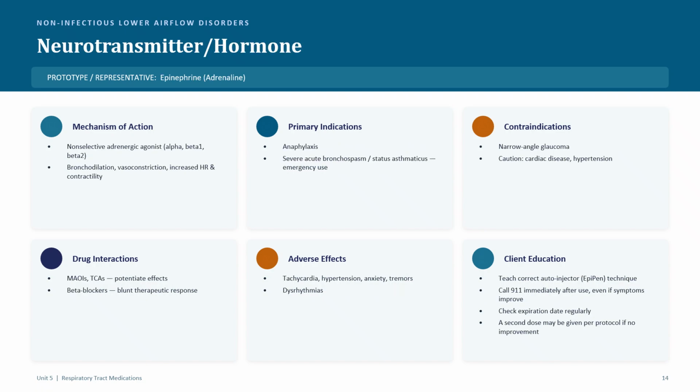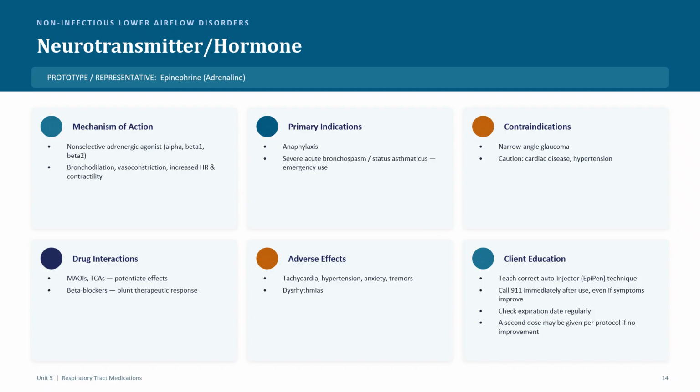So moving over to neurotransmitter slash hormones, and the prototype medication here is epinephrine. Now, epinephrine is the odd one out for this entire slide. And I want you to notice why.